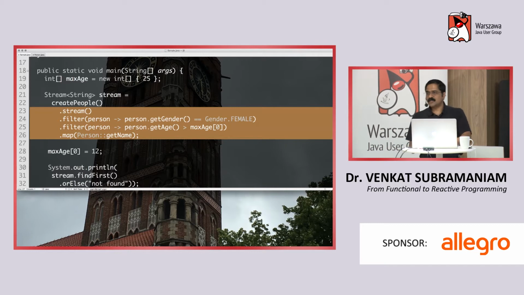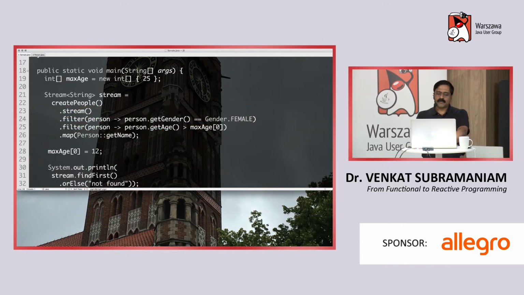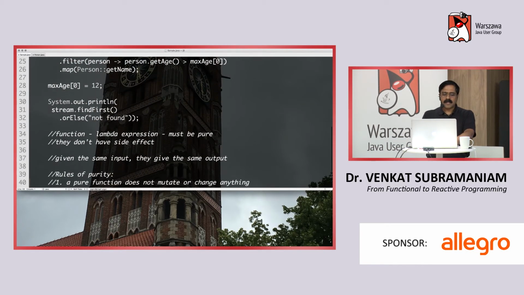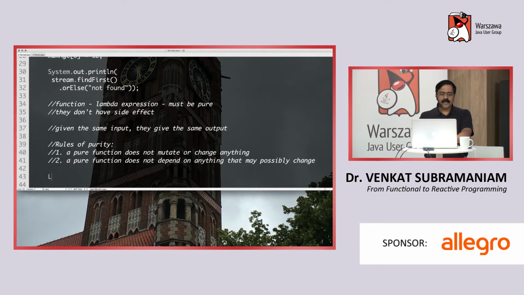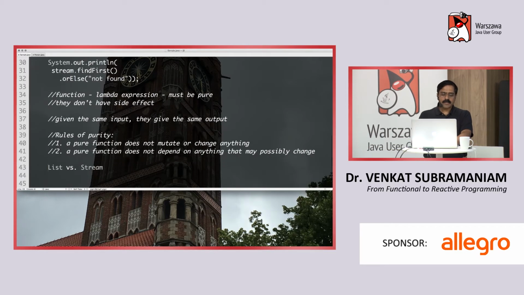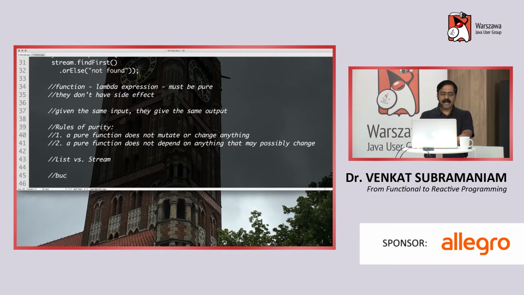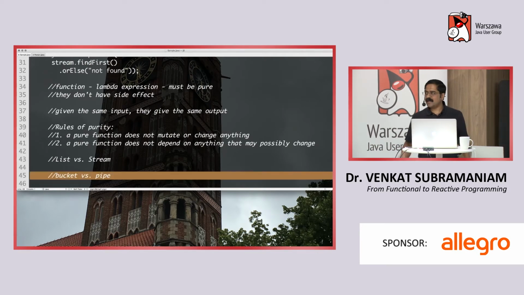So in that sense, I want to distinguish between two different things in here. Let's think about the word list versus the word stream for a minute. These two are very distinct. Think of the word bucket and the word pipe. And what is the difference between a bucket and a pipe?